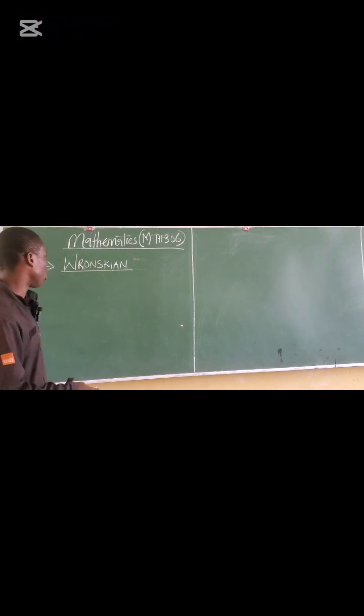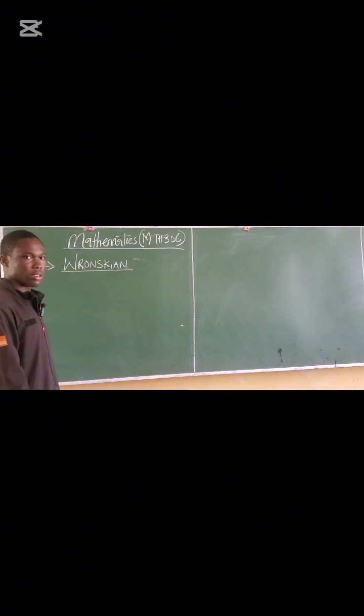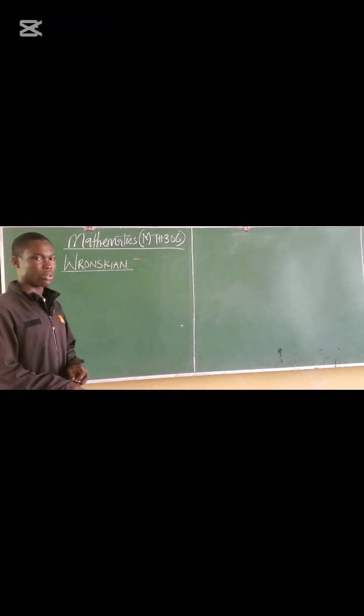In today's video, we are going to be talking about the WRONSKIAN. The WRONSKIAN is a function that is used to determine the independent and non-independent cases of a function.